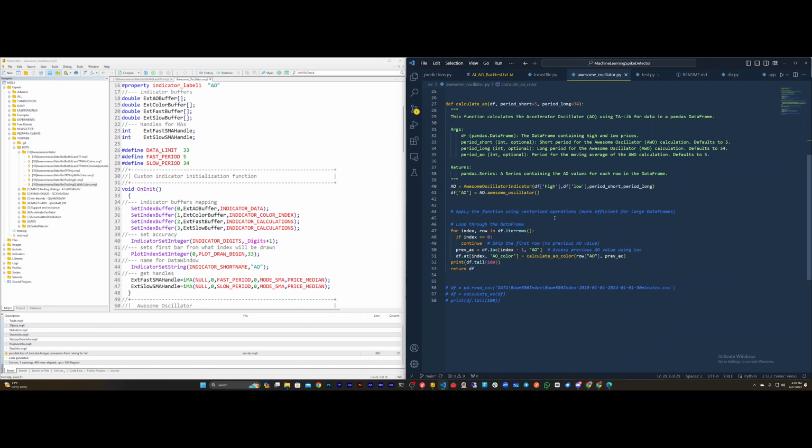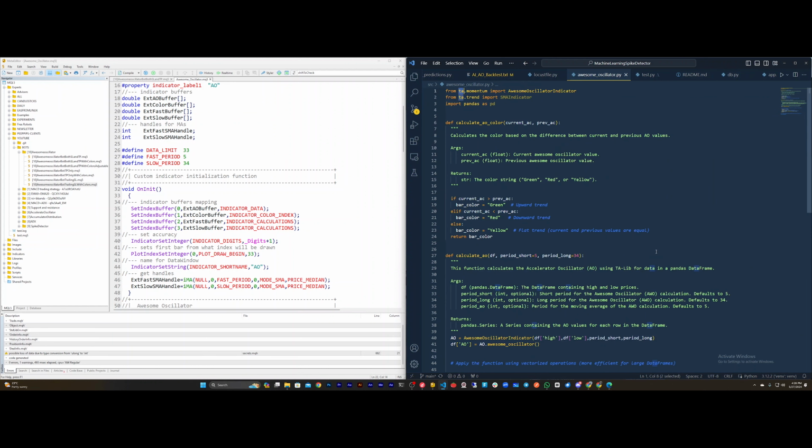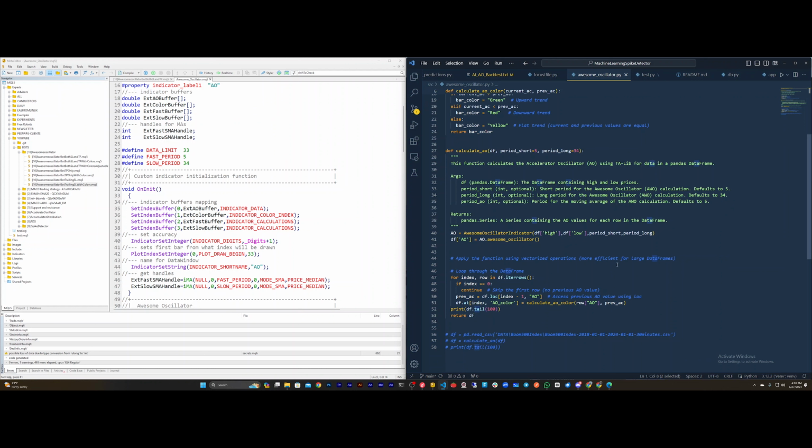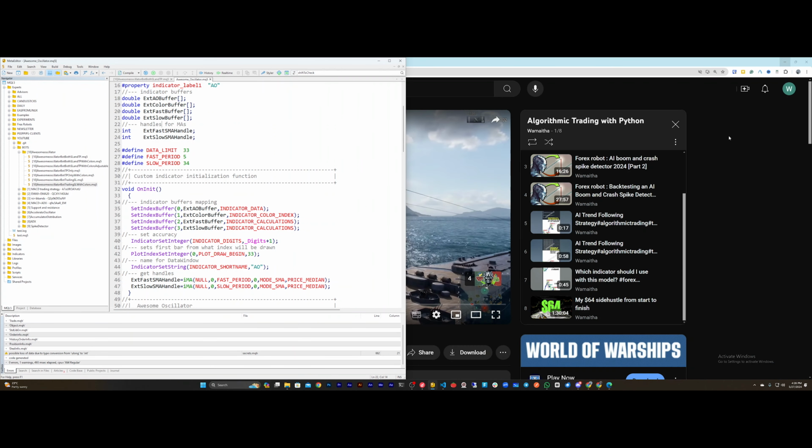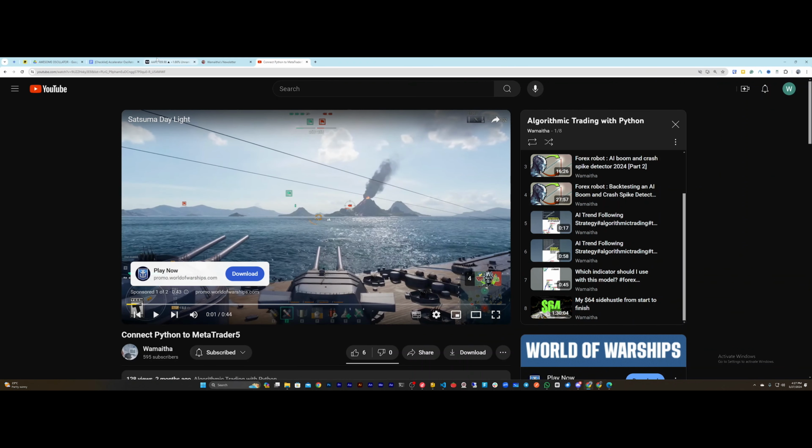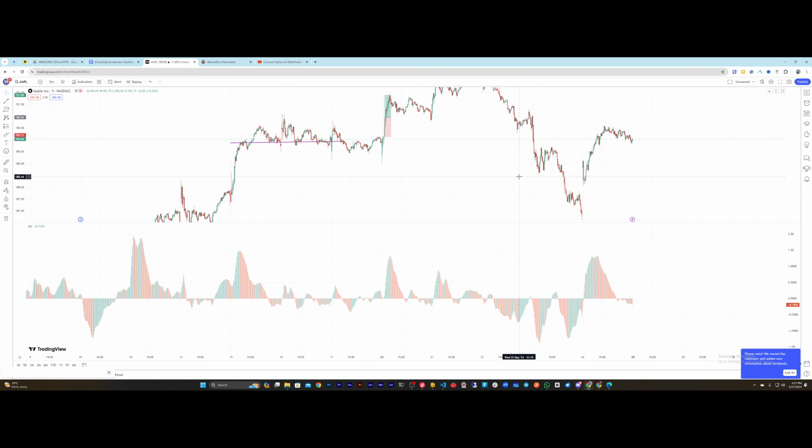I'm using TA, a Python library that's used to calculate technical indicators. So I did the same thing. Now the strategy changed from, let me just go to TradingView. Let's say this is where we're at. This happens, the crossover happens.